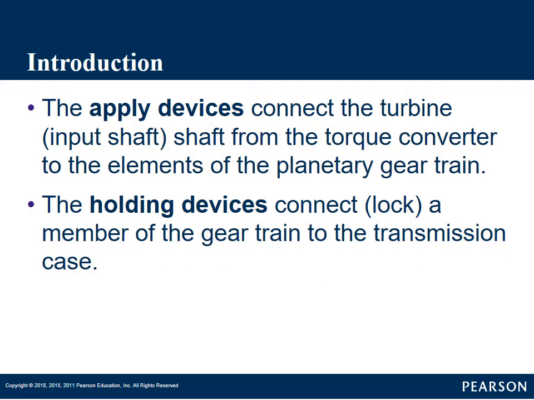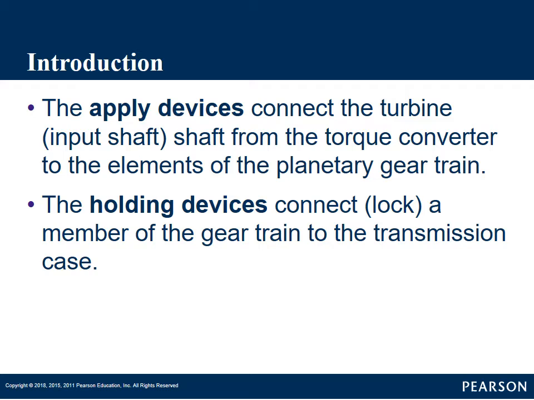The apply devices, the driving devices, connect the turbine or the input shaft from the torque converter. Remember the turbine in the torque converter. This is the member of the torque converter that's not connected directly to the case of the converter. That is actually allowed to freewheel inside the converter, and that's directed to our turbine shaft or our input shaft.